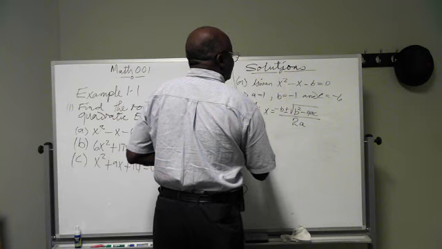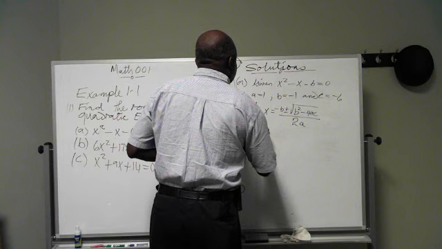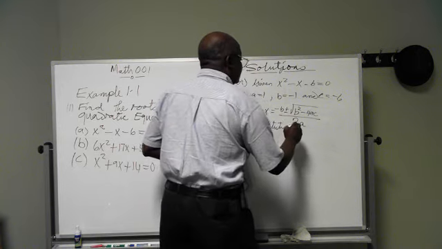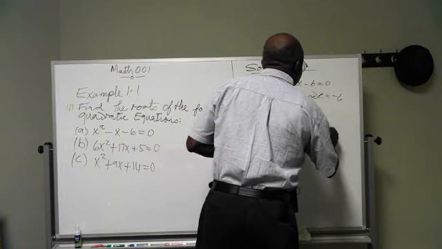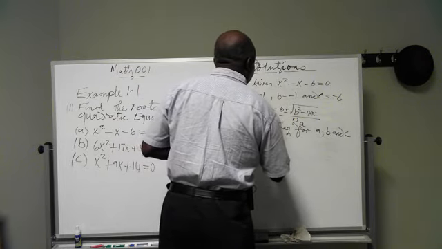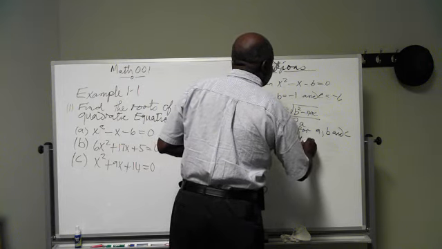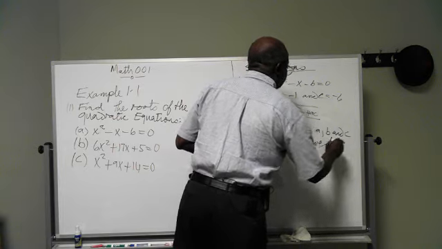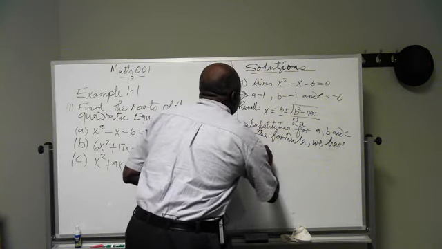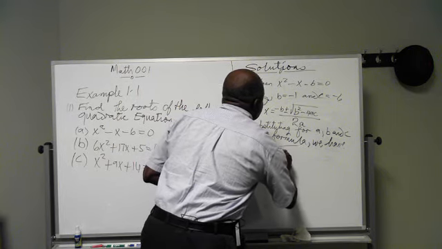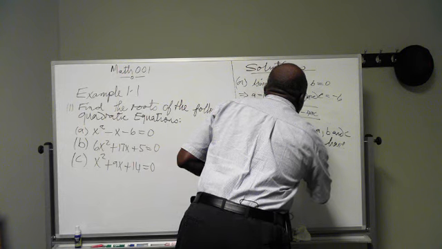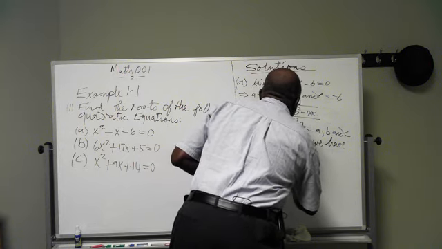Substituting for a, b, and c in the formula, we have x equals 1 plus or minus the square root of minus 1 squared minus 4 into 1 into minus 6, all over 2 into 1.